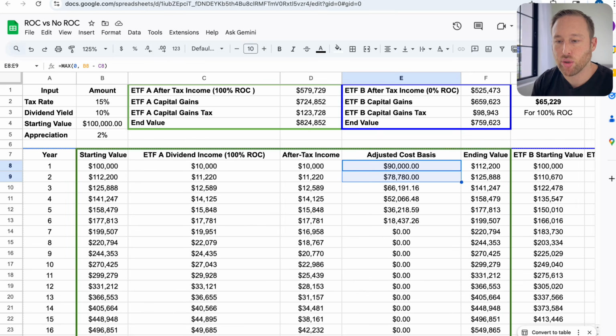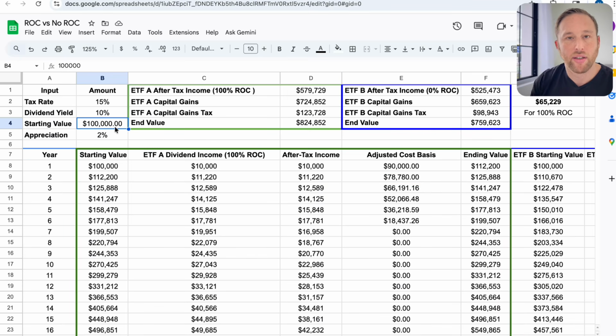And so again, year two, we've reduced our cost basis down to 78K. So instead of paying the original 100K, you are now paying 78K for the asset, right?